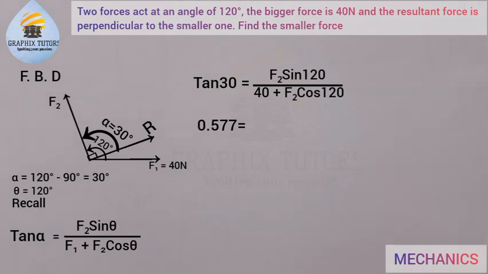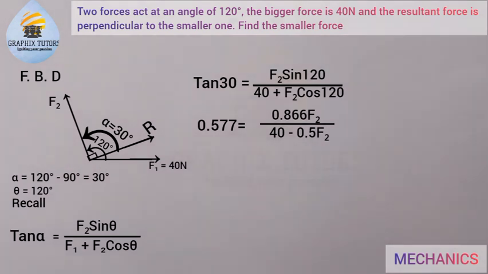Sine 120 gives you 0.866, multiplied by F2 gives 0.866 F2, divided by 40 plus cos 120, which gives minus 0.5. So minus 0.5 times F2 gives minus 0.5 F2.